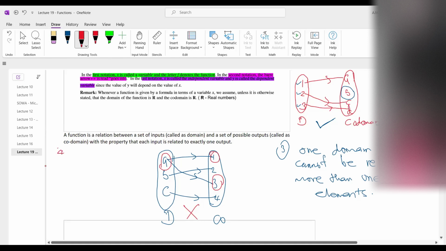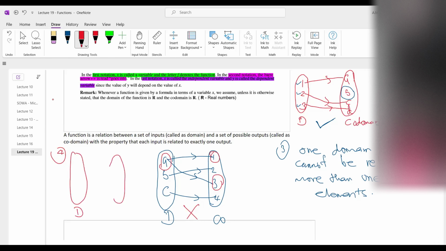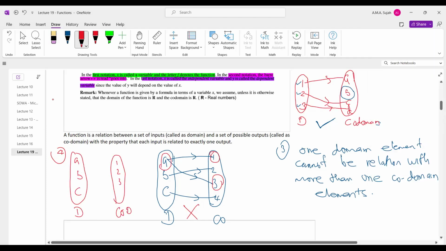The fourth point they are saying is that one codomain element can have a relation with more than one domain element. So the previous case is not a function, but if you look at this one, this is a domain and this is a codomain. Here A, B, C is there, and here 1, 2, 3, 4 is there.